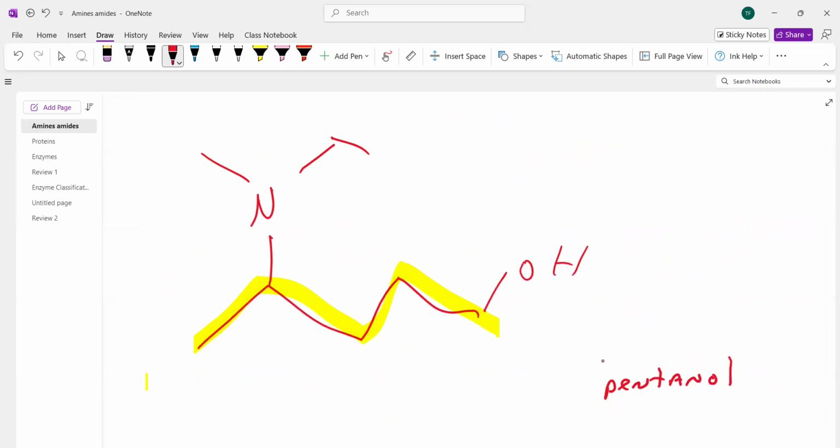And we have an amino branch at position 1, 2, 3, 4. And we have an ethyl and a methyl group coming off of that nitrogen. So it's going to be big N, ethyl, methyl, 4-amino pentanol.